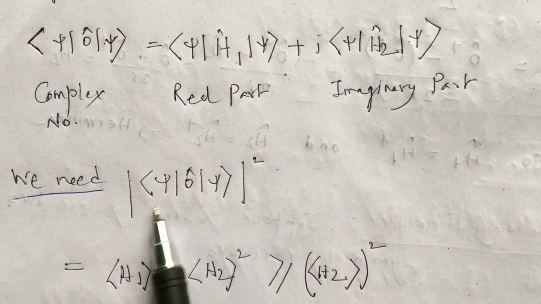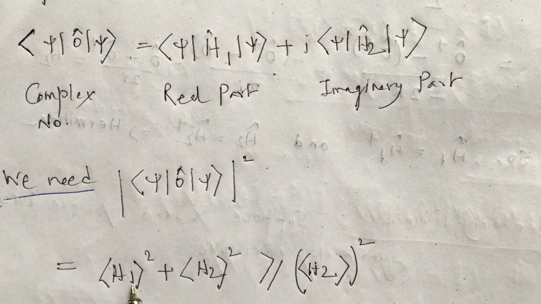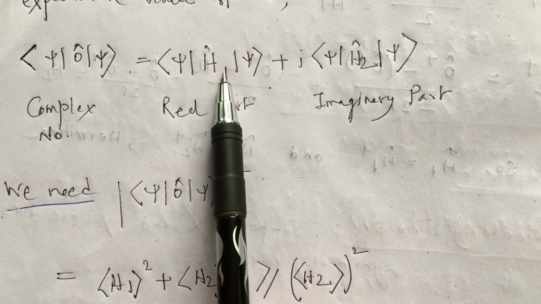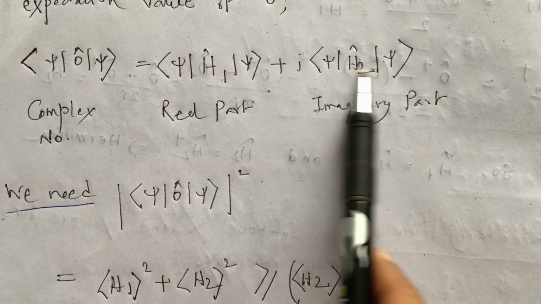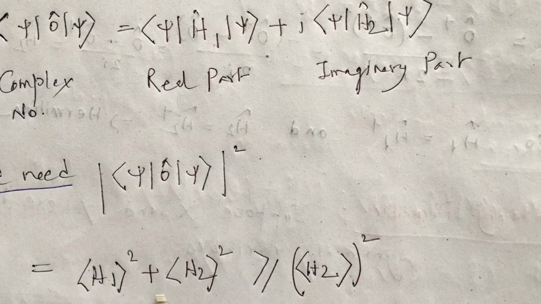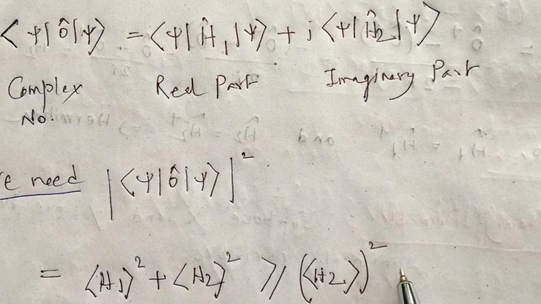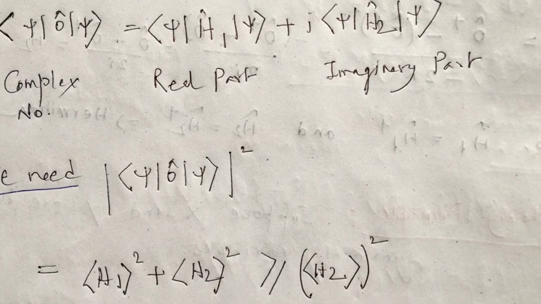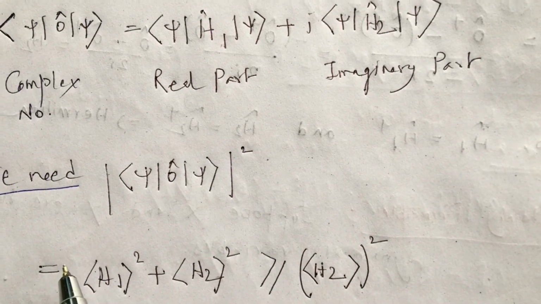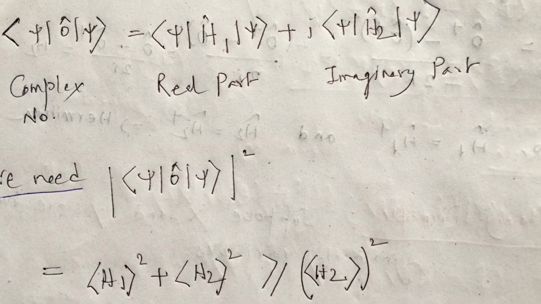So this is my right hand side, and this mod square can be written as h1 expectation square plus h2 expectation square, because this is expectation of h1 and this is expectation of h2. This quantity is definitely greater or equal to h2 expectation value square. I mean, it is definitely not less than this quantity. If this vanishes, then this equality sign holds. Otherwise, this is always greater.